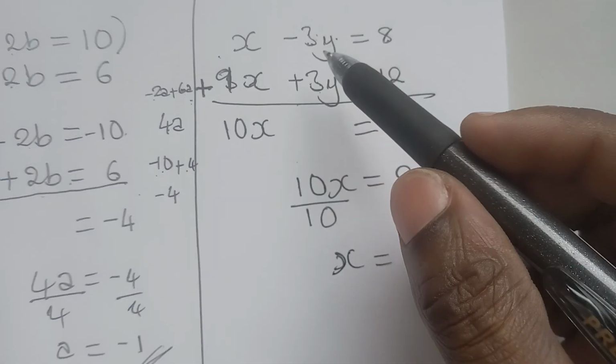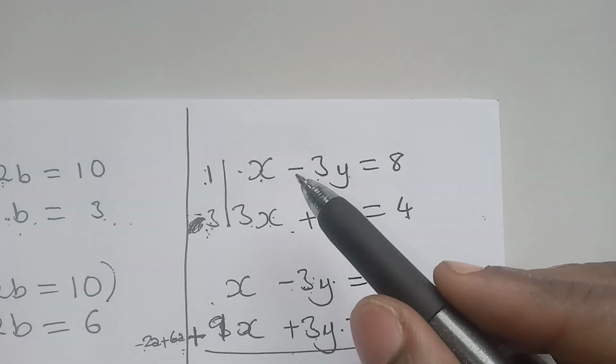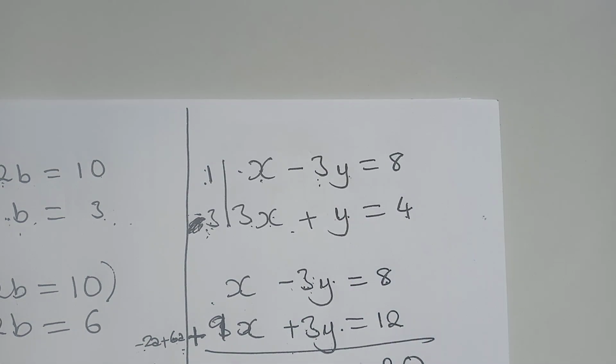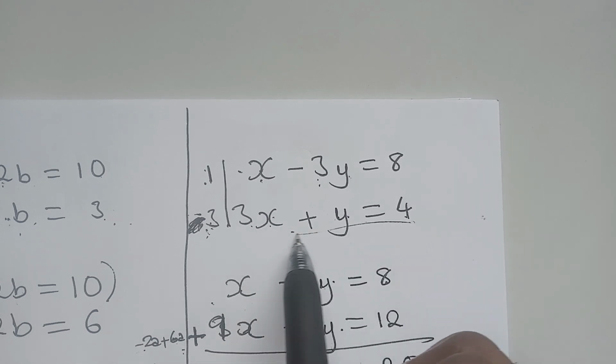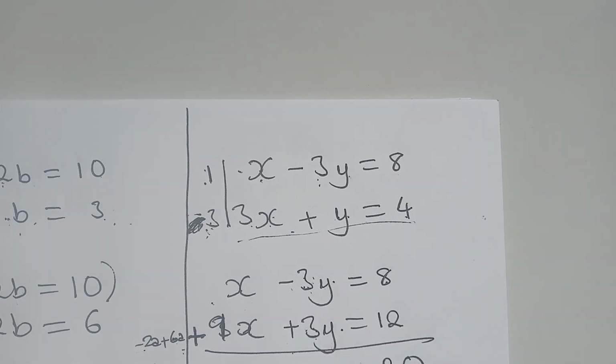And then now you can pick one of these two equations to solve for y. Of course, you can even pick from here. It's actually better to pick from these two. So now I think the second equation is much easier for me. If you think the first one is easier, then you can go for it.